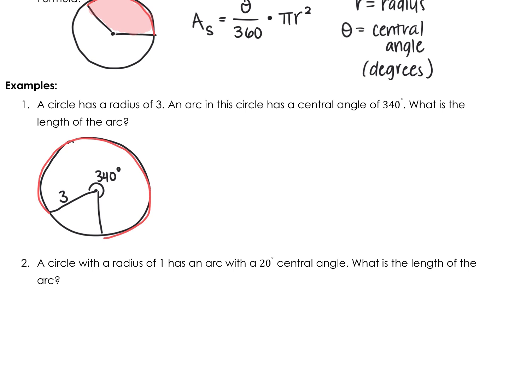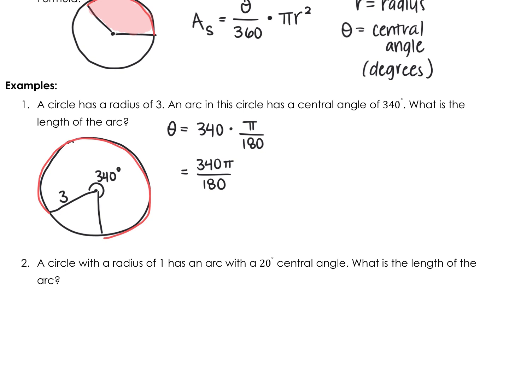So if I want to find that length, the first thing I need to do is convert my angle theta, which is 340 degrees, to radians by multiplying by pi over 180. So it becomes 340 pi over 180.